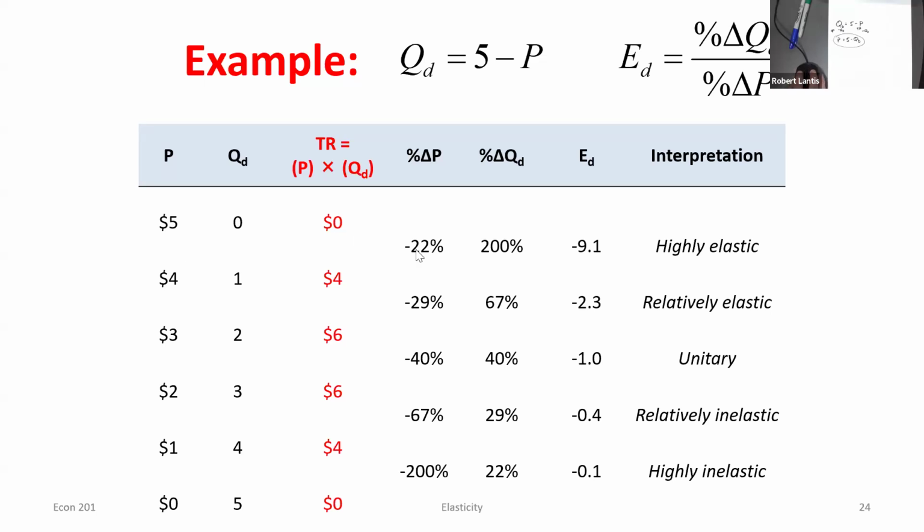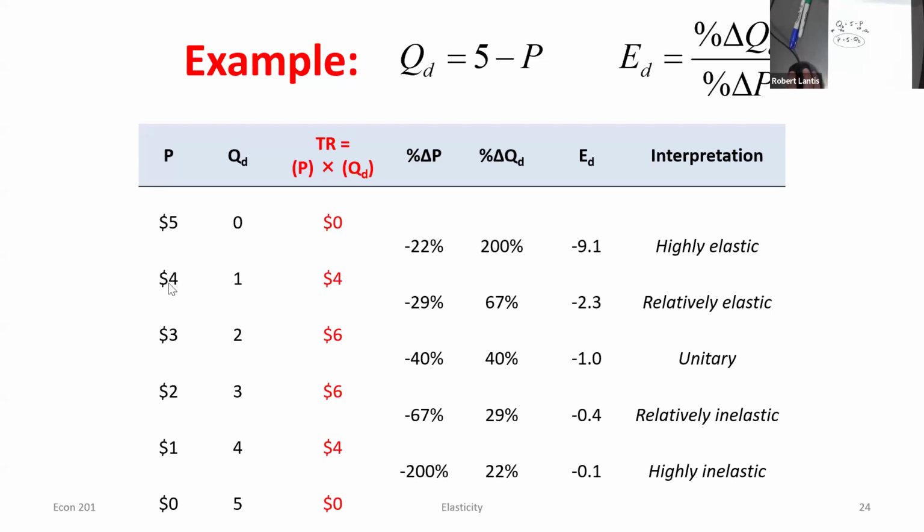You'll get the decimal form, 0.22. Between each of these prices and quantities, I can calculate those percent changes. I then calculate my elasticity of demand, which is the percent change in quantity demanded over the percent change in price. I didn't drop the negative sign here, but initially, when prices are higher, I see really large elasticity measures, so my demand starts out as elastic.